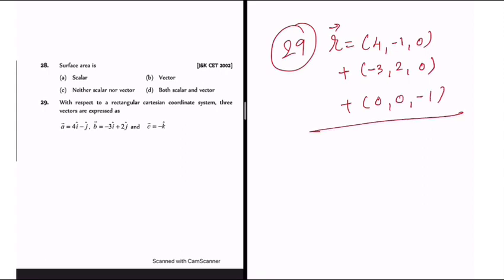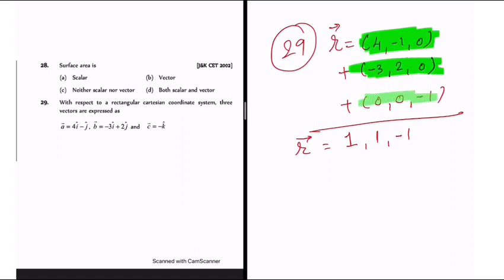The answer is 4 minus 3, 1, 1, minus 1. This is our vector. A, B and C, the sum of all three is this vector R.